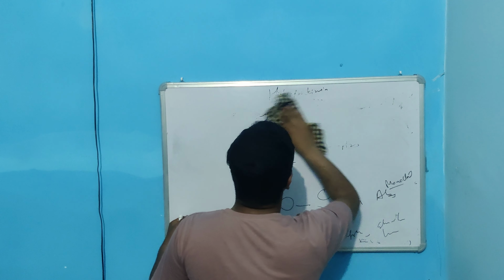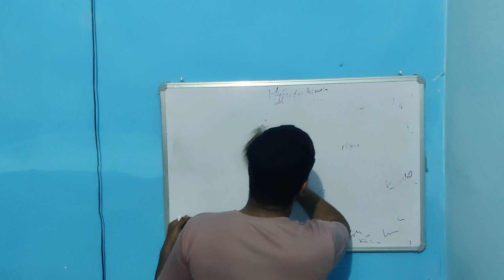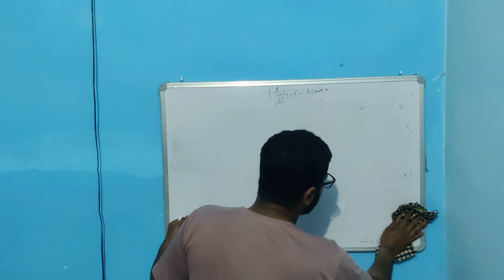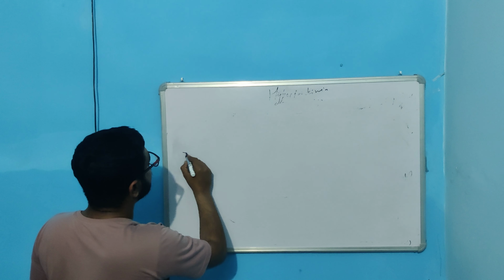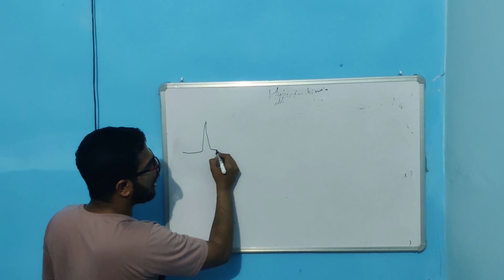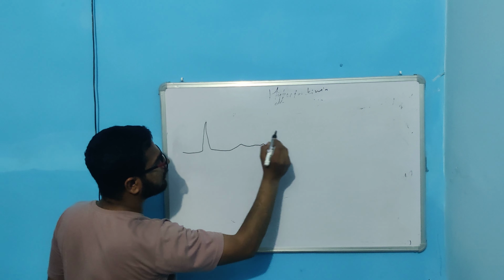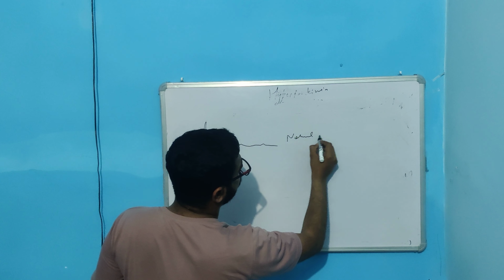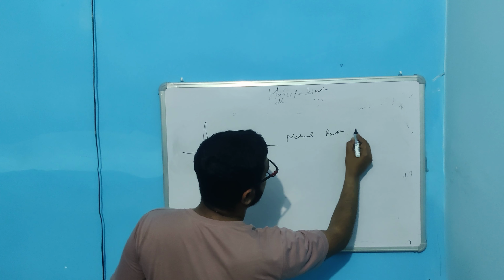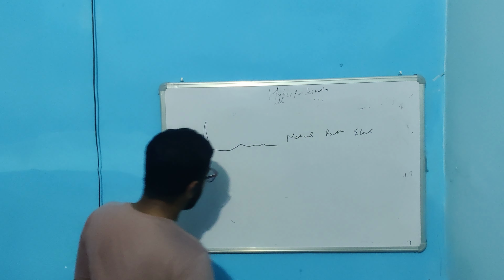If you see the normal electrophoretogram, you see a high albumin peak. This is a normal protein electrophoretogram.